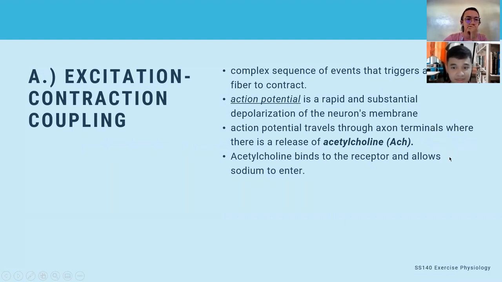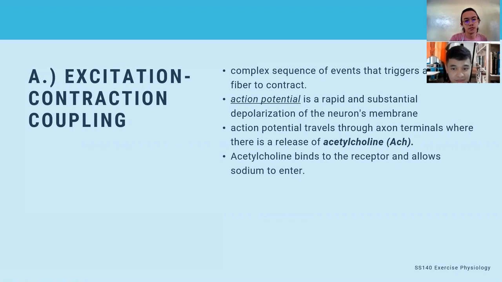Next is excitation contraction coupling. It is a complex sequence of events that triggers a muscle fiber to contract. This event is initiated by an action potential. Action potential is a rapid and substantial depolarization of the neuron's membrane that travels through the axon terminals, which sends signals to release acetylcholine.